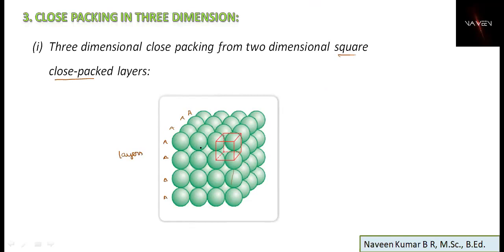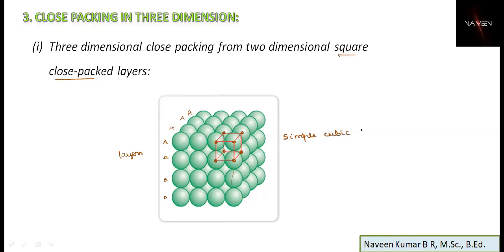If you keep on stacking the two-dimensional square close packed layers one after the other, and join the centers of the neighboring particles, you are going to get a simple cubic system.